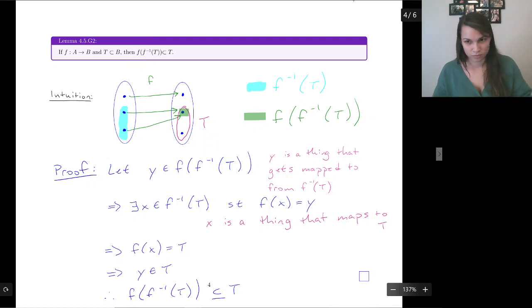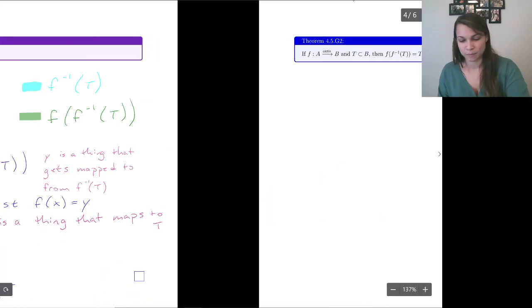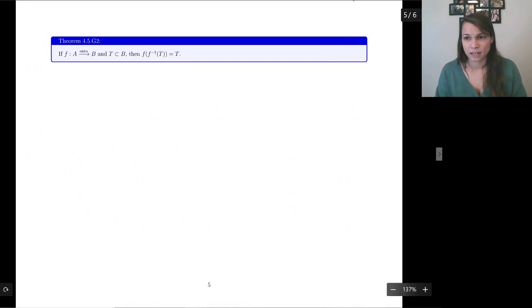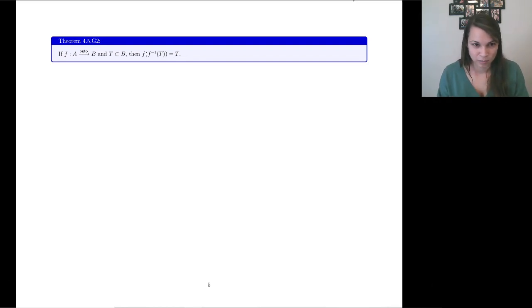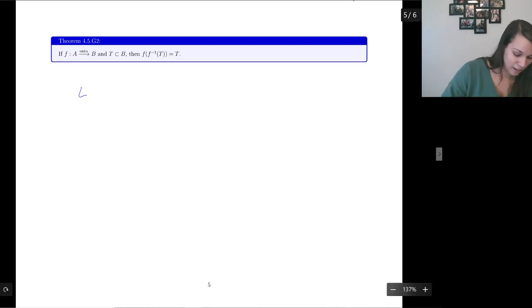So in order for equality to happen here, we need to guarantee it's getting mapped to. We need f to be onto. And this is a similar vibe to what we have just done. I'm going to leave that to you. This is an exercise for you guys.